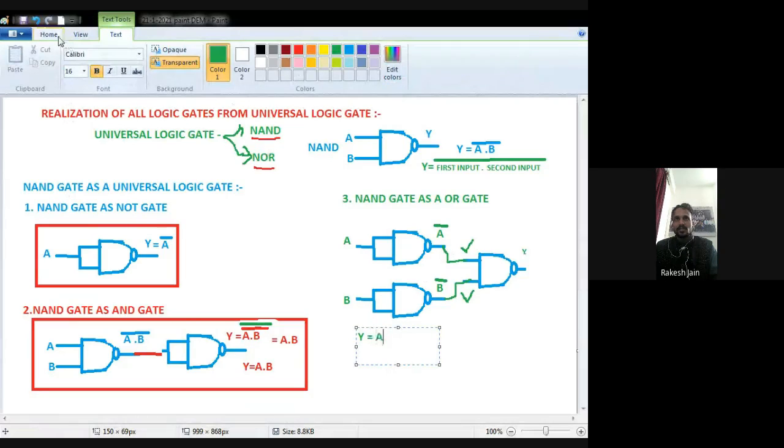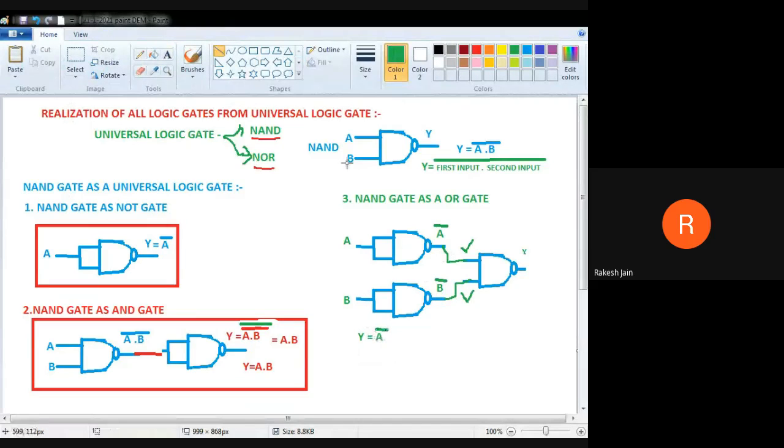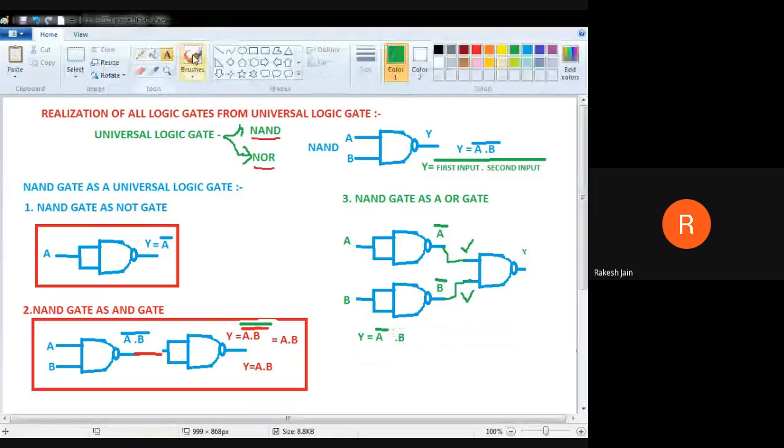So whatever it is, we just write down A having a bar as the first input, dot, second input. And what is the second input? The second input is B bar.